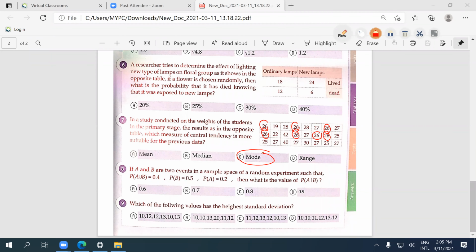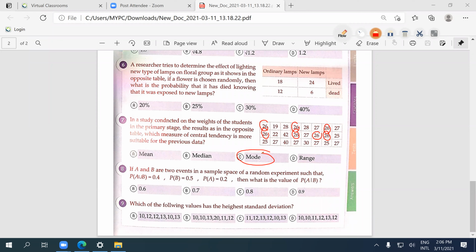We're going to number 8. If A and B are two events in the sample space of the random experiment such that the probability of A union B equals 0.4, the probability of B is 0.5, and the probability of A is 0.2, then what is the value of A conditional on B?